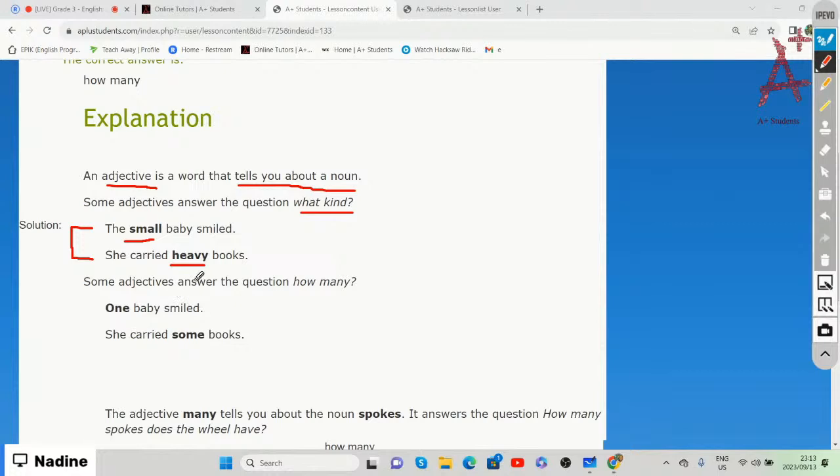Like I said, we can say comedy books. She carried big books. We can even say she carried small books or literature books. But it basically has to tell us what kind.